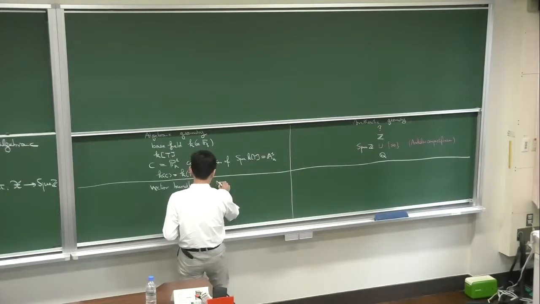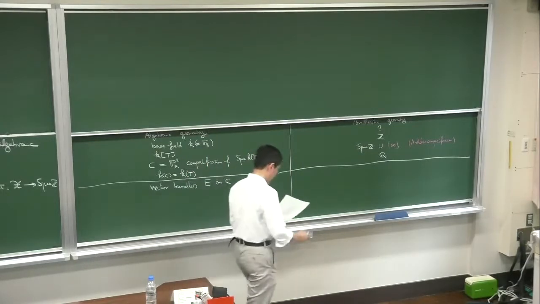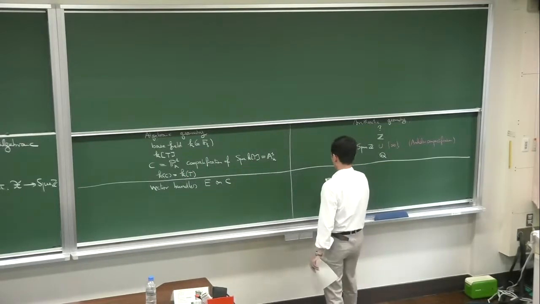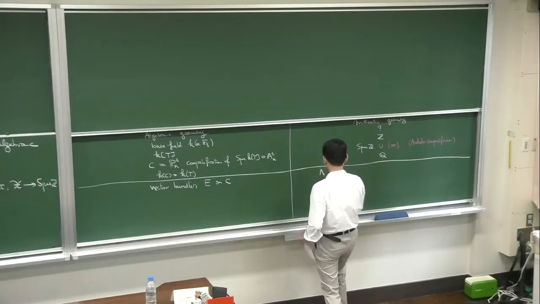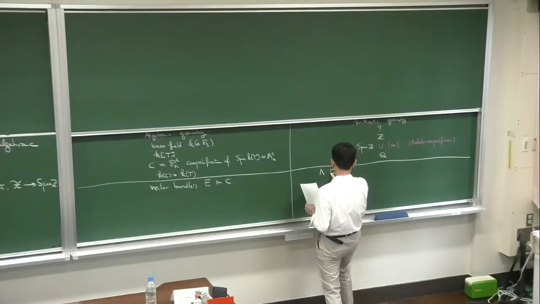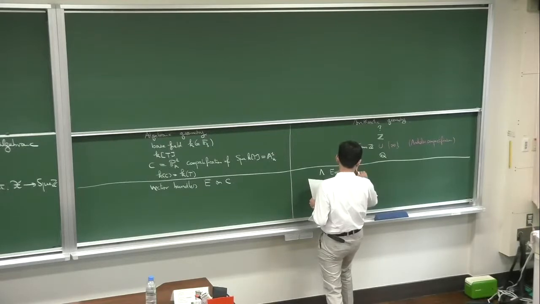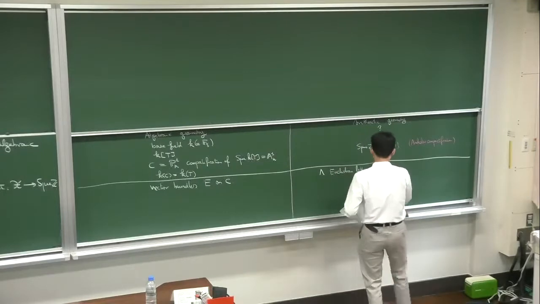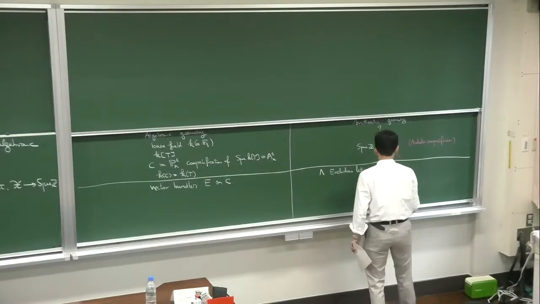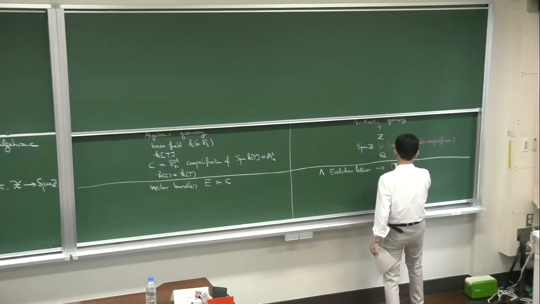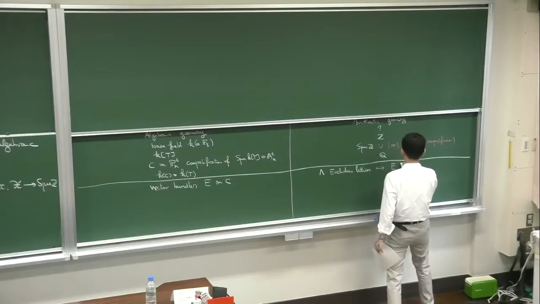So let me write E or C. Here in the geometry of numbers, you consider Euclidean lattices. So maybe I write E, which is free, a module of finite type.